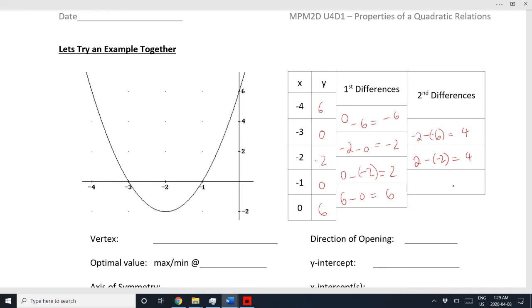And finally, we have 6 minus 2, which also gives us +4. What we can see is that they are all the same values, and all the values are positive. This is how we can tell our parabola opens upward.